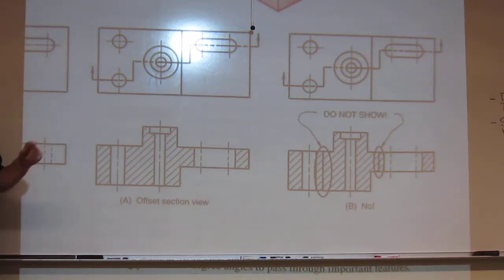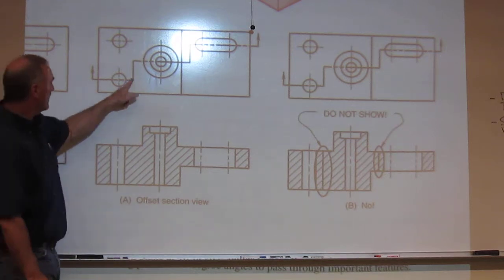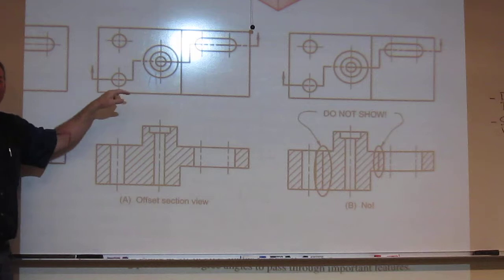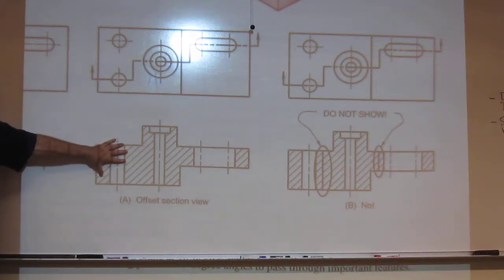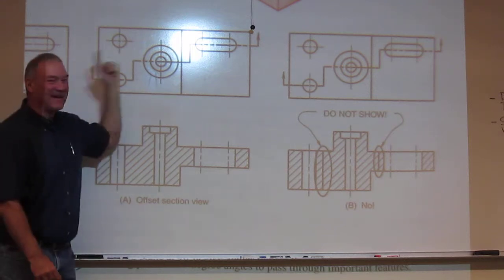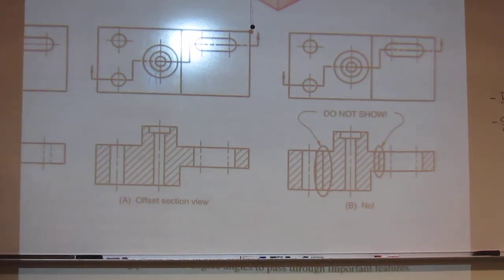Keep in mind, one other thing we didn't discuss is you can't come up and then backtrack. We can't show both of those here, right? So it starts on one side and goes to the other side. Any questions on the offset section?